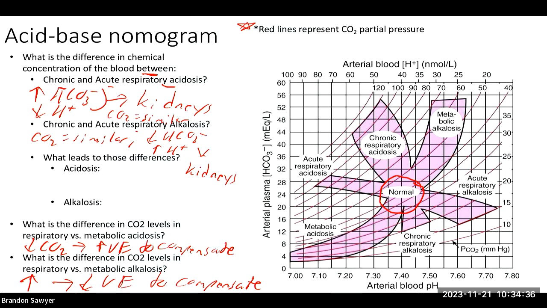So we can see all four ways that the kidneys and the lungs are responding in these different types of pH disruptions through this nice little graph that somebody really smart put in one thing. I'm not sure how they came up with that, but it can be helpful. So, questions on that at all?